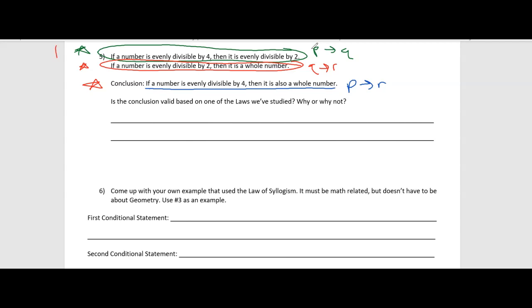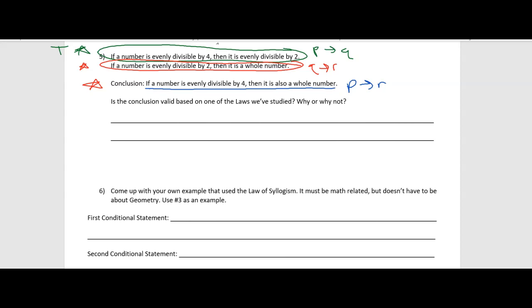Let's look at the red. So green is true. The red says if a number is evenly divisible by 2, then it is a whole number. So whole numbers being 0, 1, 2, 3, 4, 5, 6, etc. Well, for this to be true, we would not be able to have a number that's divisible by 2, but not a whole number.